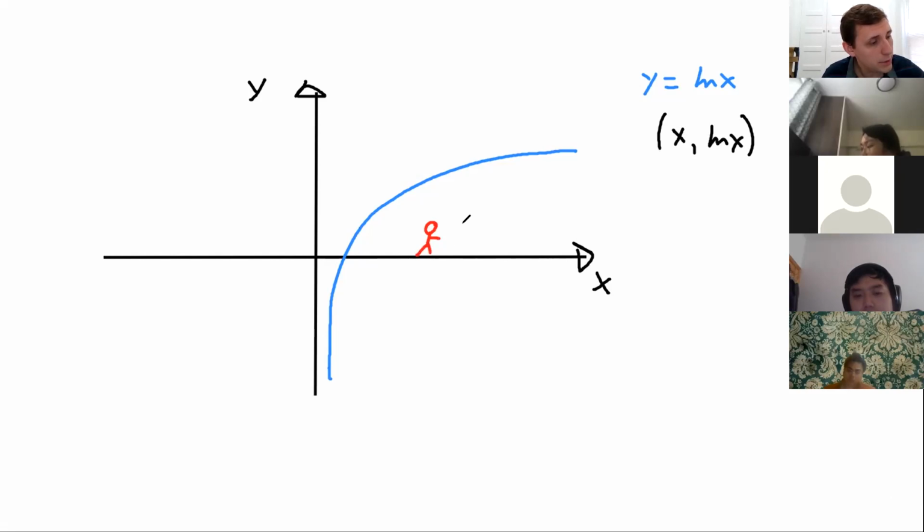So he plants a flag here at position x, and he observes this regularity at position x. The corresponding position is ln x. That's what it means. Do you agree?